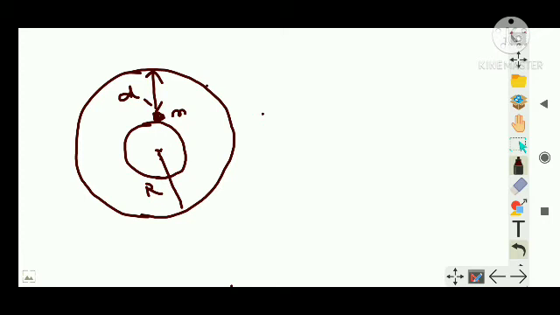Let Ms, that is capital Ms, be the mass of the smaller sphere, and Me is the mass of Earth, and R is the radius of Earth. Then what can I say about Ms by Me? You know mass is equal to volume into density, right?